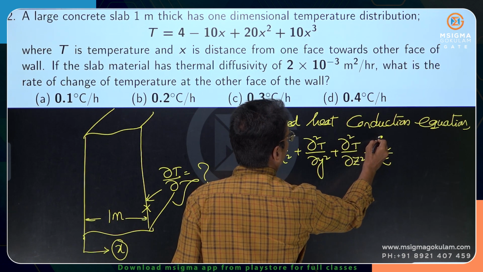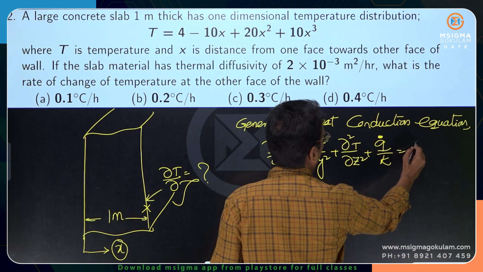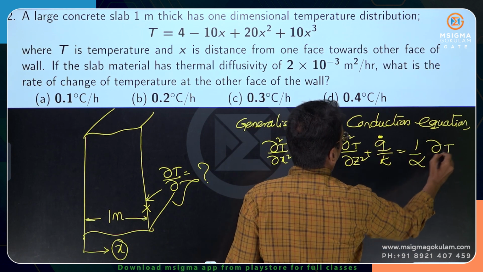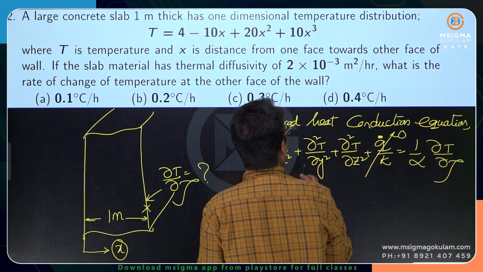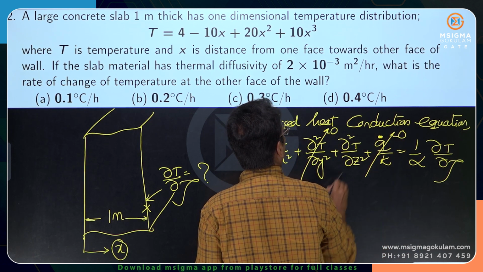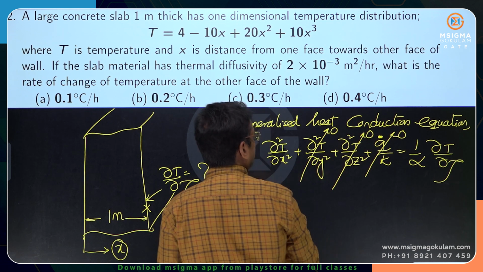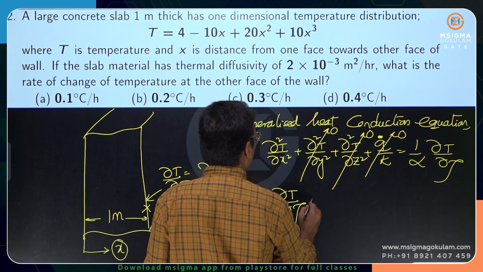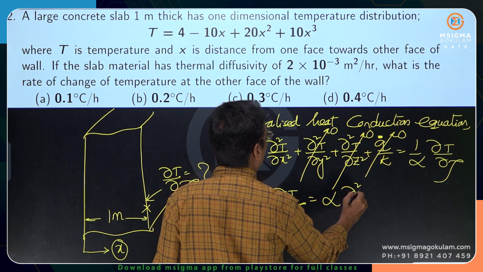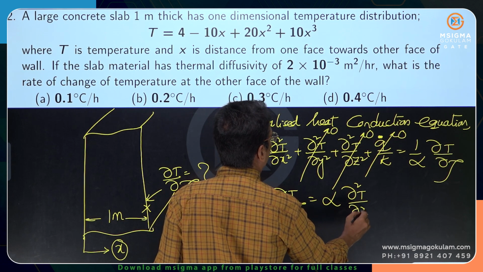This Q dot will be there only when there is heat generation. Then there is 1/alpha into dT/d tau. All these terms are 0 because he did not mention anything about heat generation. So you will get dT/d tau equal to alpha into d²T/dx².